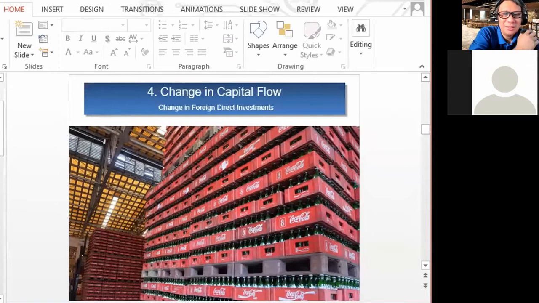Sa balance of payment. What account? Yung klase, di ba? Current account o financial account? O sige. Current account or financial account? Class. Am I being heard? Hello, Houston?